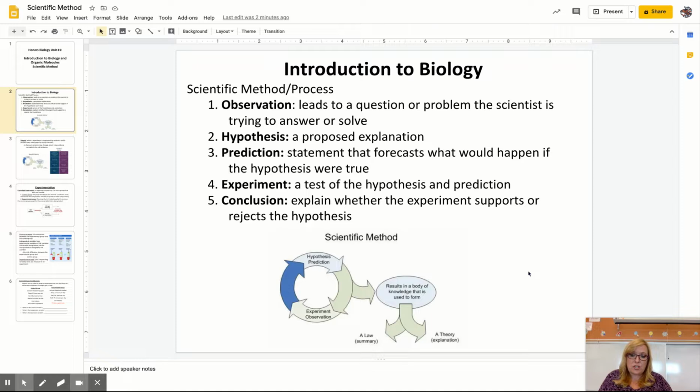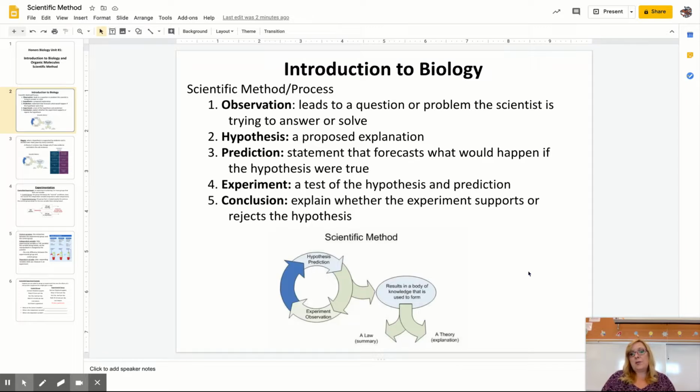answer to your question. So if you're observing a plant and you're observing its growth, you might wonder, if I added different fertilizer, would it change the effect on the plant growth? So your hypothesis might be this fertilizer is going to improve plant growth or make plants grow faster.